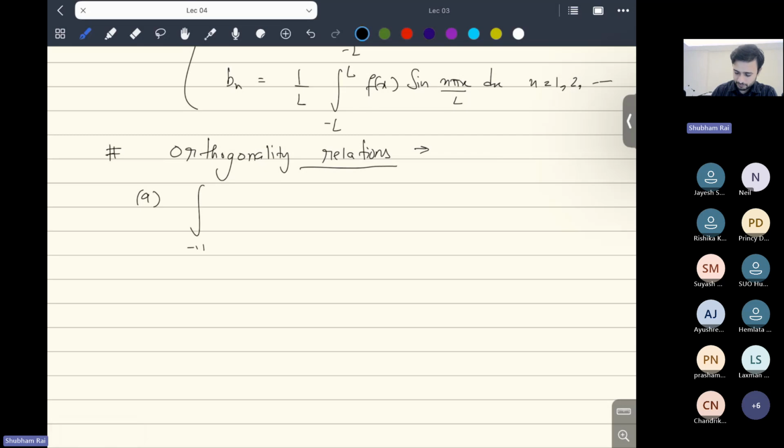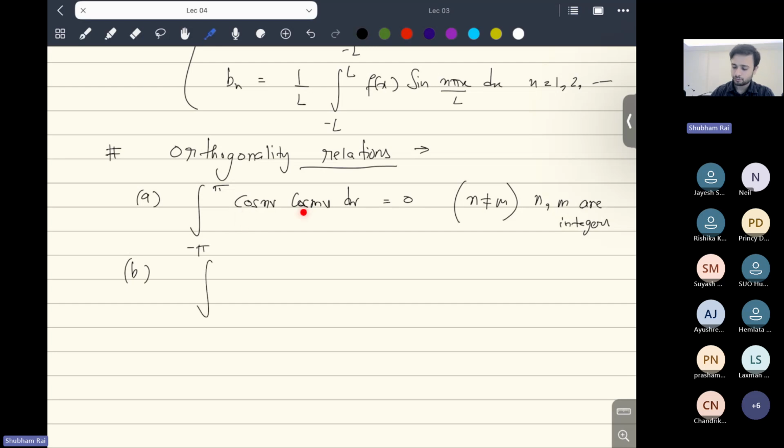First one is integral from minus pi to pi of cosine nv and cosine mv dv, where v is a variable, is equal to 0 when n is not equal to m. And obviously n and m are integers. If you see here, we are multiplying two functions. N is not equal to m, so these are two different functions, and therefore their integral is going to 0. So this is one orthogonality relation.